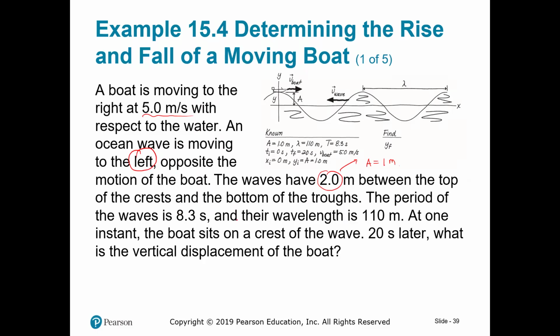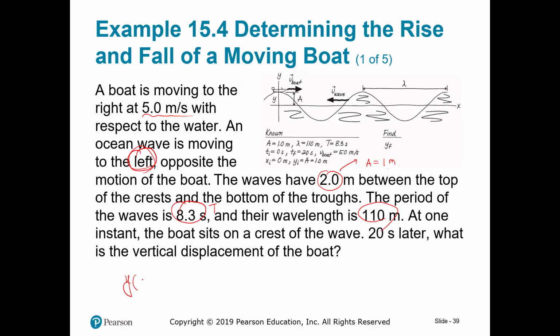And then the period of the wave is given, so this is your T. And then the wavelength is given as well. So you know A, you know T, you know lambda, and the direction of the motion.